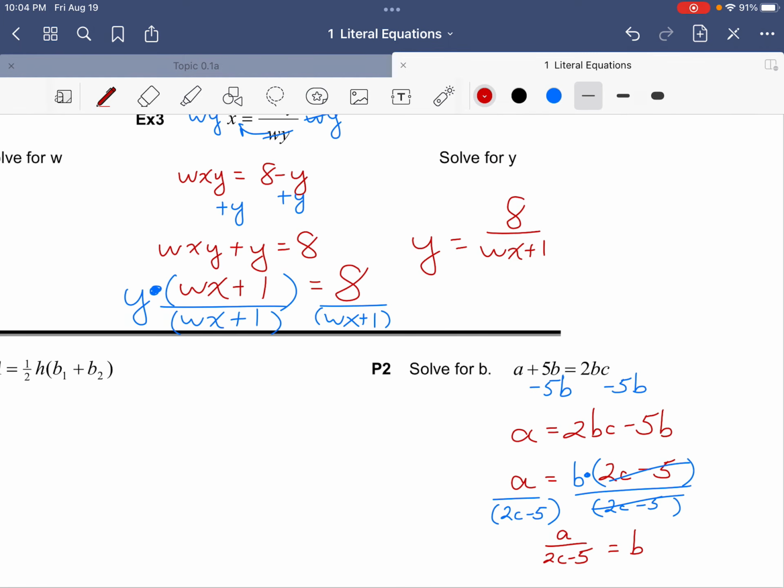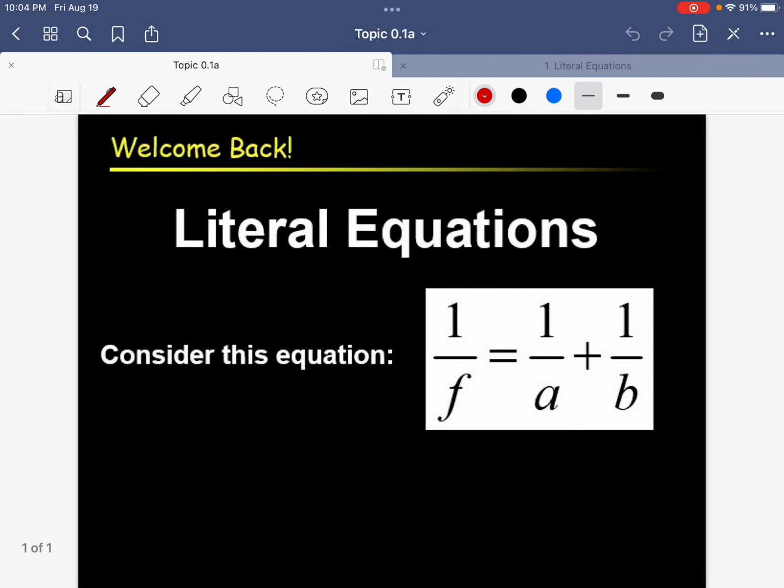Do you remember that problem that we sort of used at the beginning of the lesson? Solve this for f. Now, if you're going to solve this for f, you're going to need to think about what to do with the fractions.